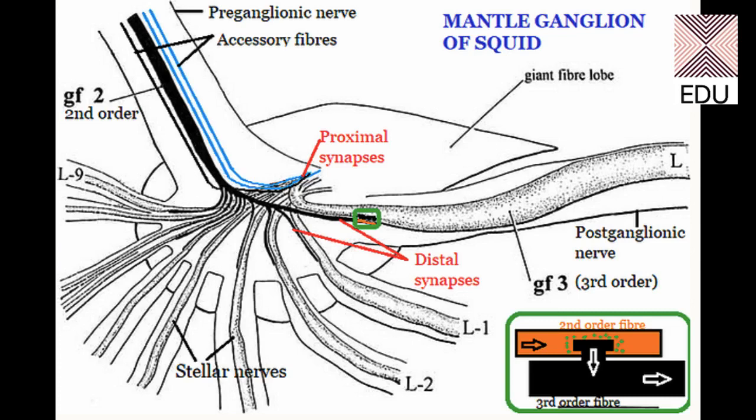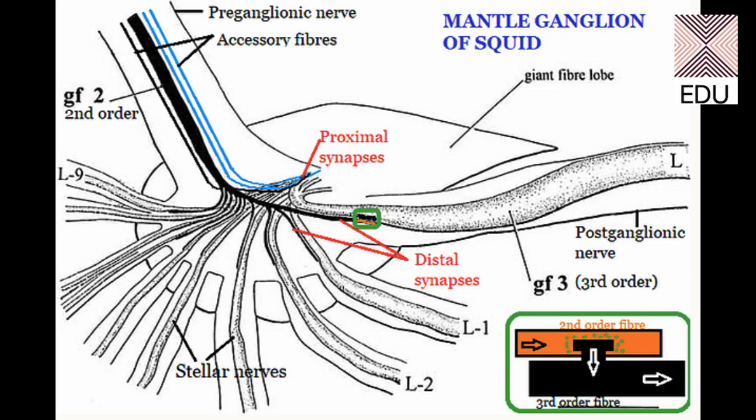So even the synapses in between the GF2 and stellar nerves are distal synapses. So they are also covered under distal synapses. So students, this is a very important diagram, and you have to draw it in your examination if you get this particular question.